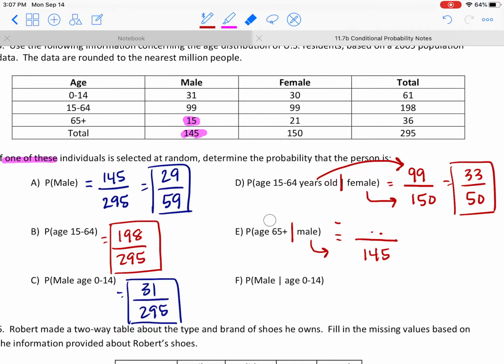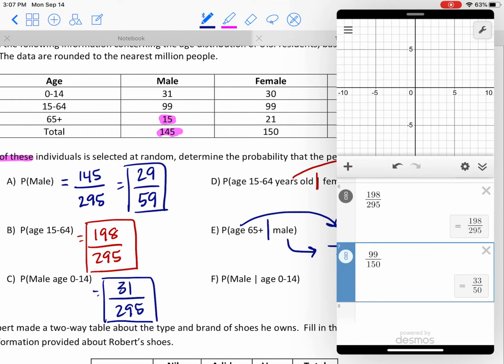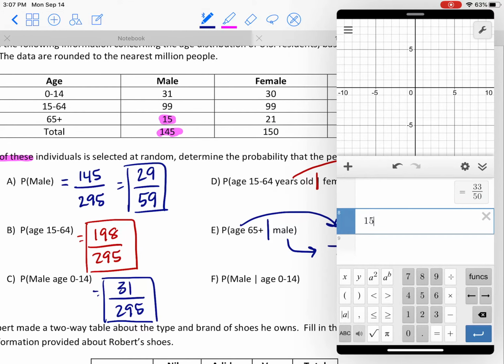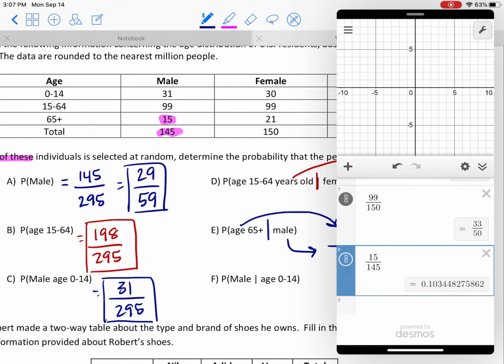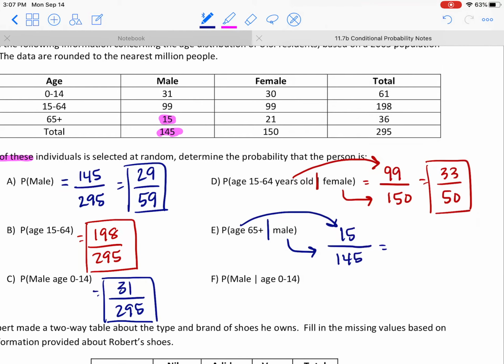There was 145 male, and 15 were 65 or older. So 15 out of 145 is reducing to 3 out of 29. So 3 out of 29 there.